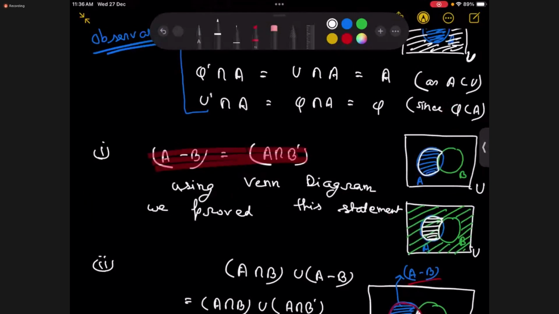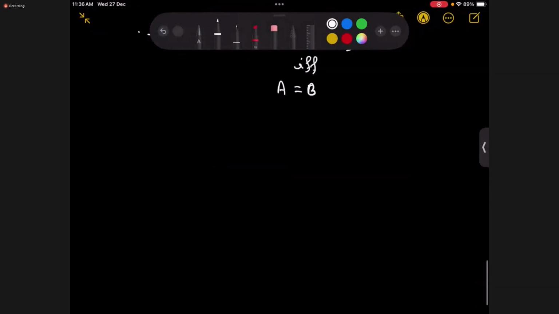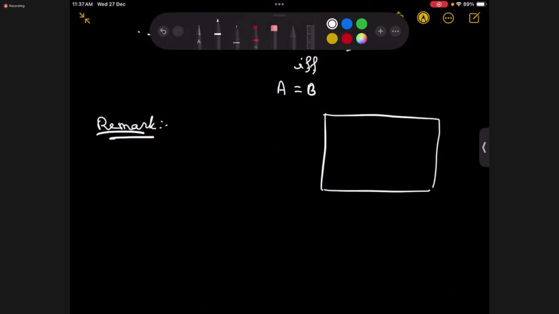Now one remark, and that also using the Venn diagram. This is our U. This is the set A. This is the set B. So what about A minus B?